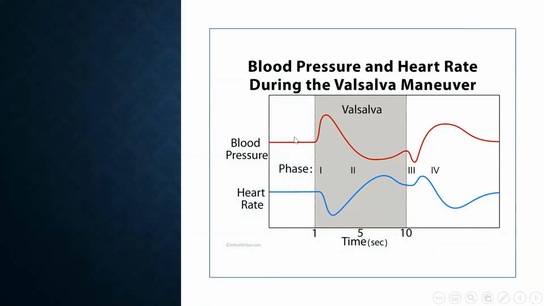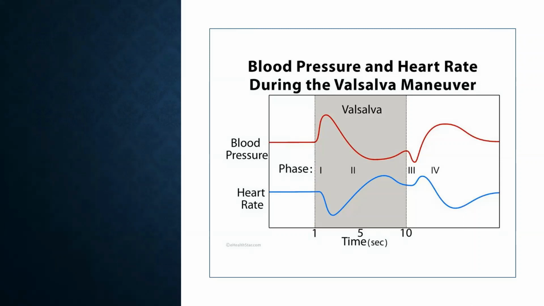We have 4 stages for Valsalva. The initial stage is straining, which increases intrathoracic pressure, squeezing the blood in the pulmonary circulation to the left ventricle, the left side of the heart.